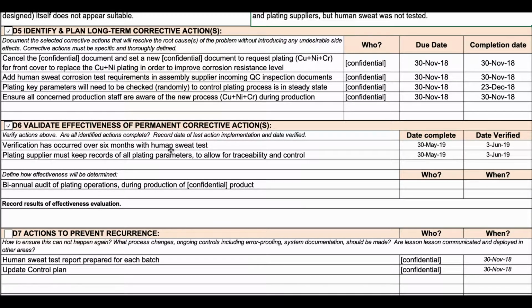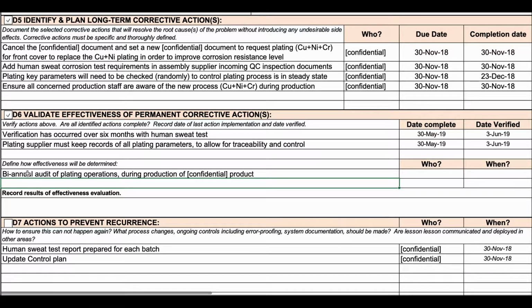So over 6 months, okay, done and verified, and they should keep records of the plating parameters, for example. Okay, complete and verified. And then also, for example, if this is really, really important, an audit of plating operations. When they're running it, have someone go there and do it twice a year. This is an example, okay?